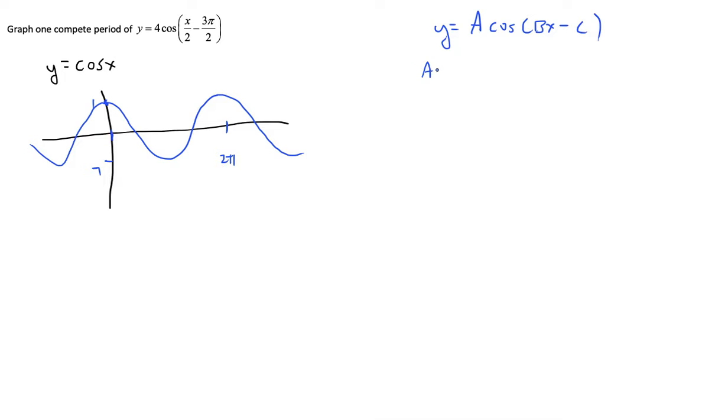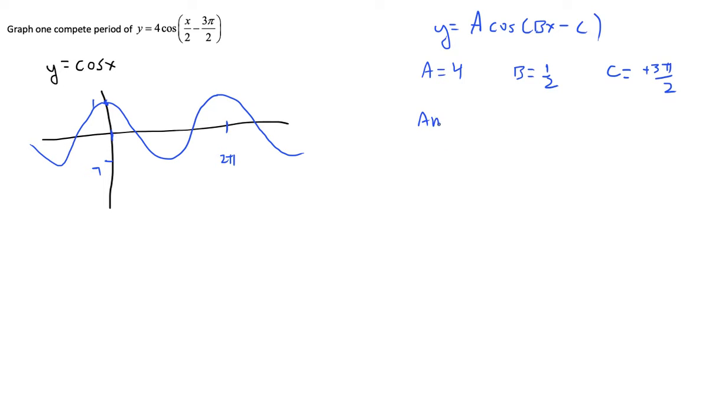Here a is equal to 4, the number in front of the trig function. b is the coefficient of x, which in this case is 1/2. And c is this last number here, which should be positive 3 pi over 2. Remember that the negative is built in, so minus whatever this number is, so c is just 3 pi over 2.